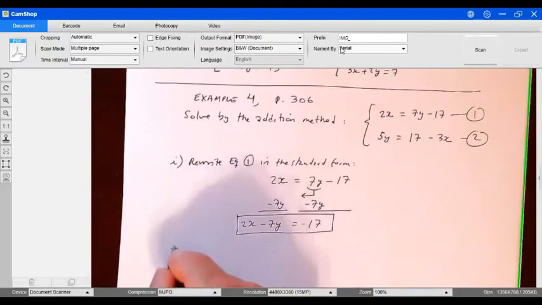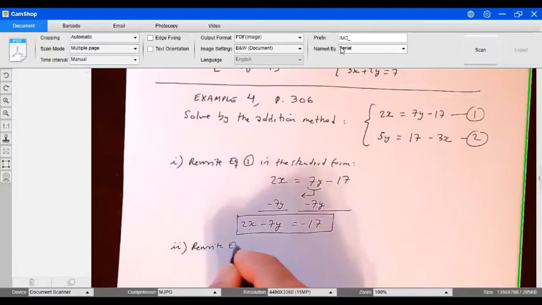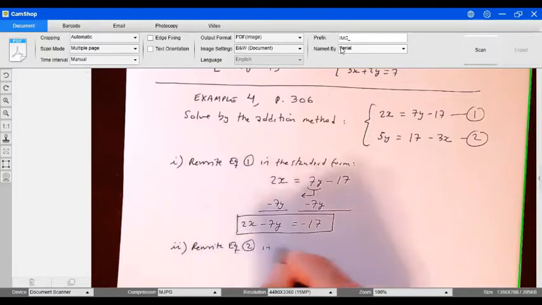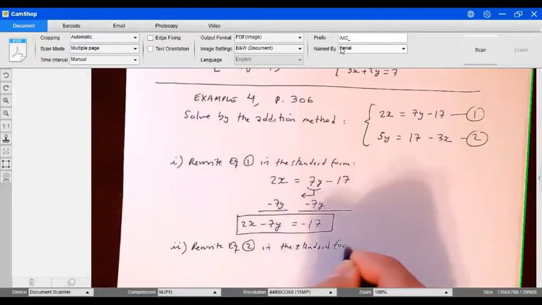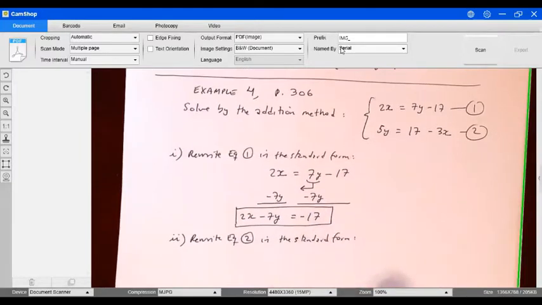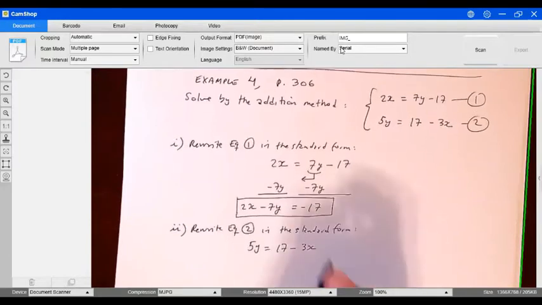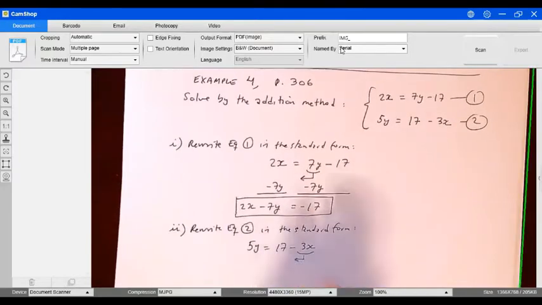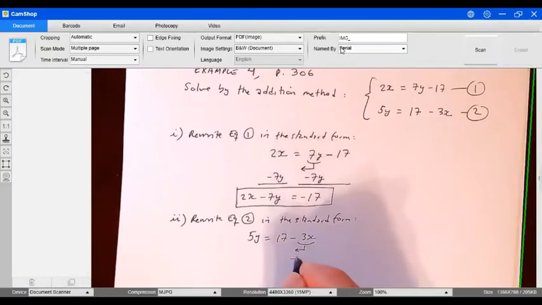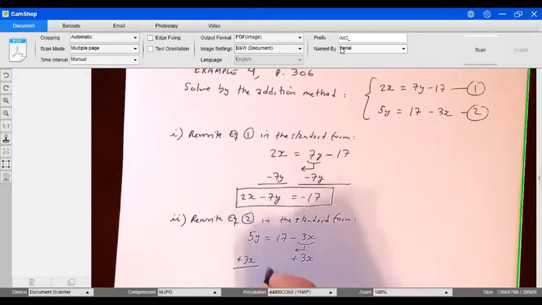I need to rewrite also the second equation. I'm going to rewrite equation 2 in the standard form. So we need both variables on the left-hand side. So we have 5y equals 17 minus 3x. So now I need to move this term to the left-hand side. So I'm going to add 3x to both sides of the equation.